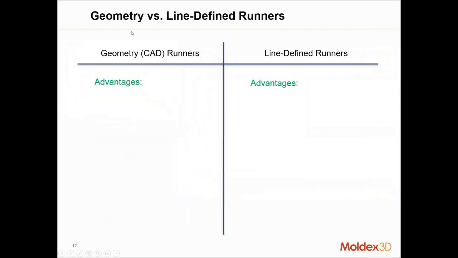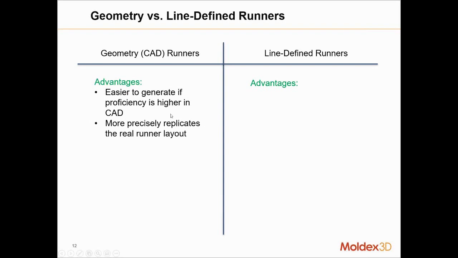Now, as far as the runner systems are concerned, I've mentioned many times geometry versus line defined, but here's a layout of the advantages and disadvantages. For CAD geometry runners, they're easier to generate if your proficiency is higher in CAD. So if you have a CAD system, it might be a little easier to bring in your runners as CAD geometry, and you're able to replicate the real runner layout a little more precisely.